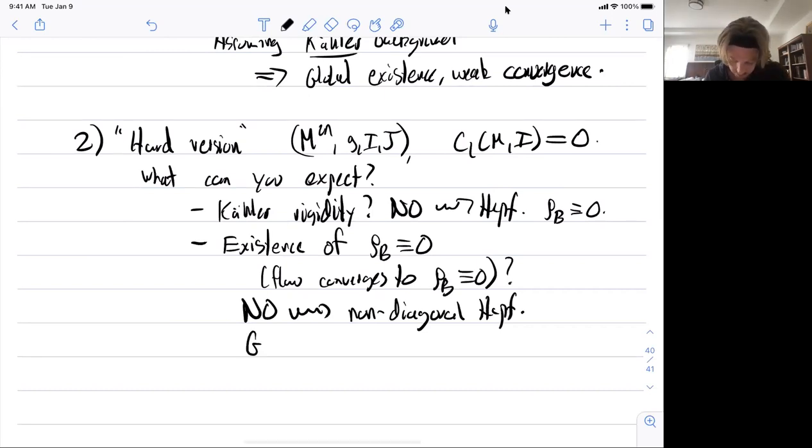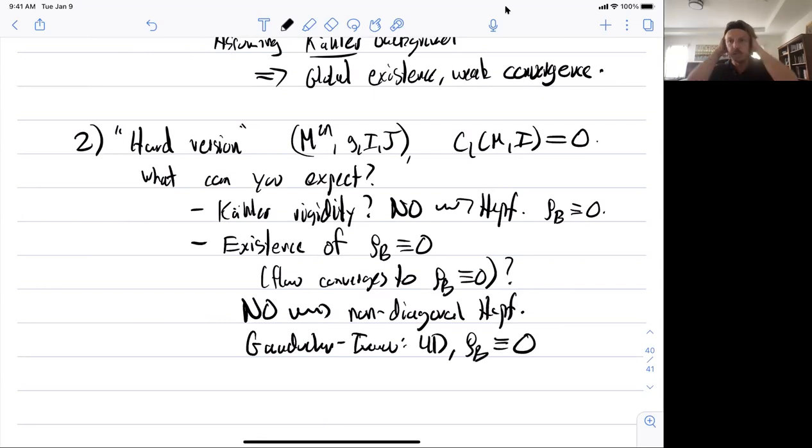So maybe I just mention it here. Gauduchon-Ivanov shows that in 4 dimensions, if you have even just pluriclosed, so forget generalized Kähler, if you have pluriclosed and Bismut-Ricci flat, then you have 2 possibilities: you're either Calabi-Yau or you're a round Hopf surface.